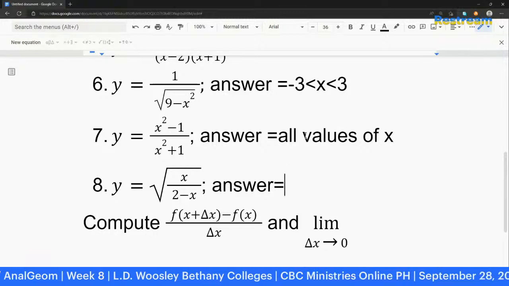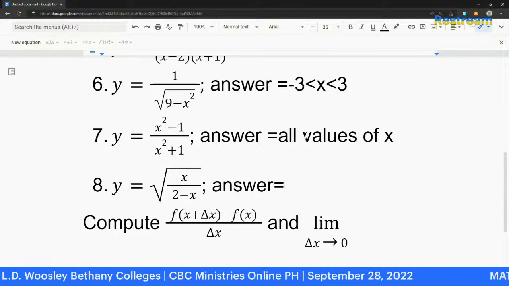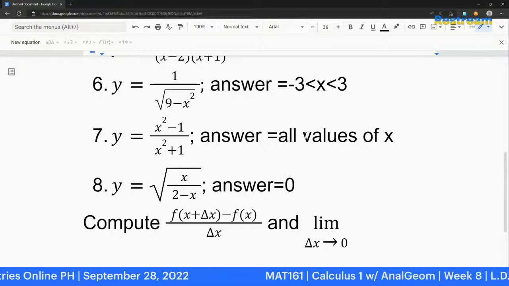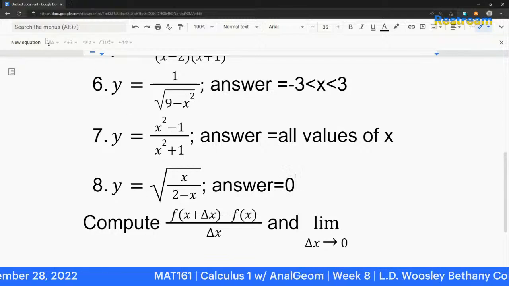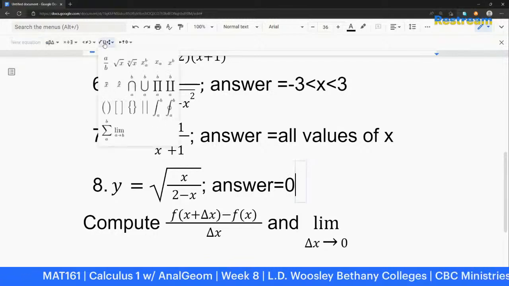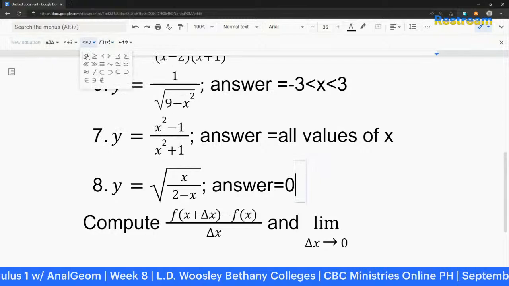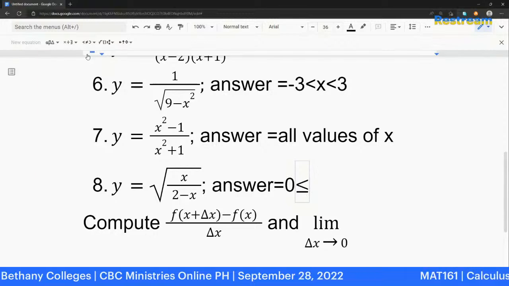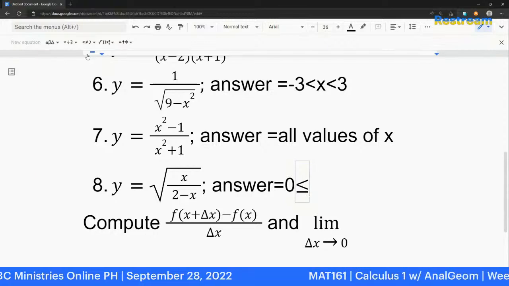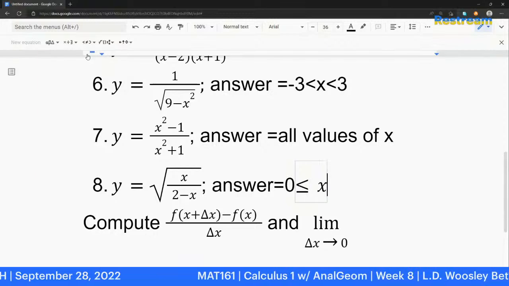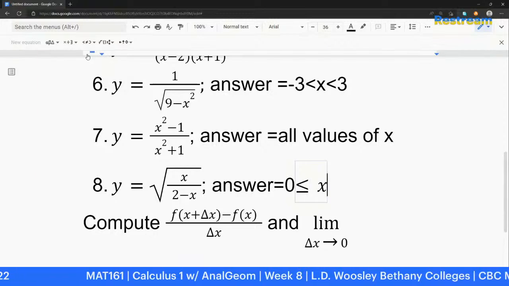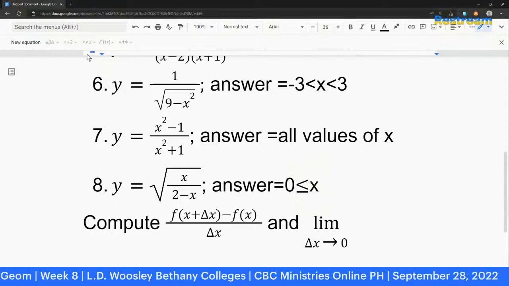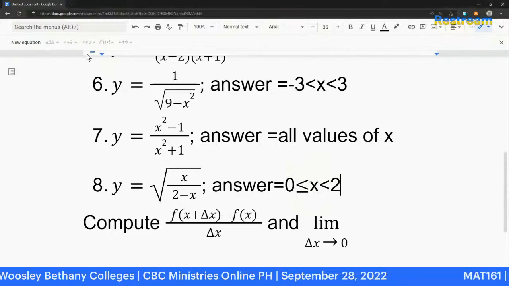Okay, supposedly, doon hindi ko masyado mabasa, maliit masyado sa chat box. So, ang magiging sagot dito, 0. Hiram tayo ng formula dito. Sir, may chat po siya sa chat box. Okay, 0, yes, thank you. 0 less than or equal to x, and then less than 2.